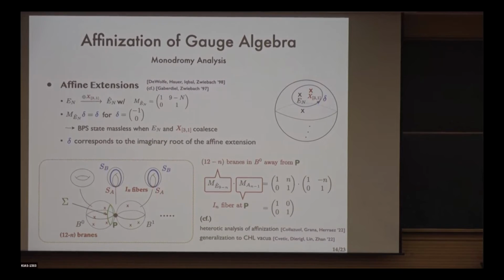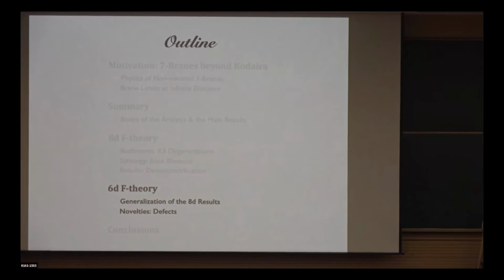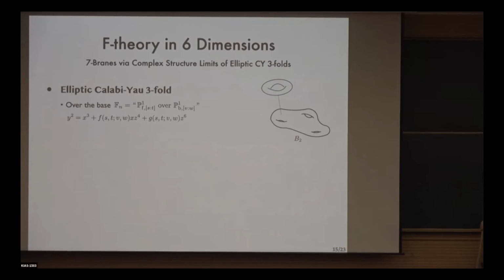To actually go down to 6 dimensions rather than going upwards. So let me now start discussing 6-dimensional F theory and non-linear branes in this setup. Okay, so the discussions here will be very much analogous to our 8-dimensional discussions.